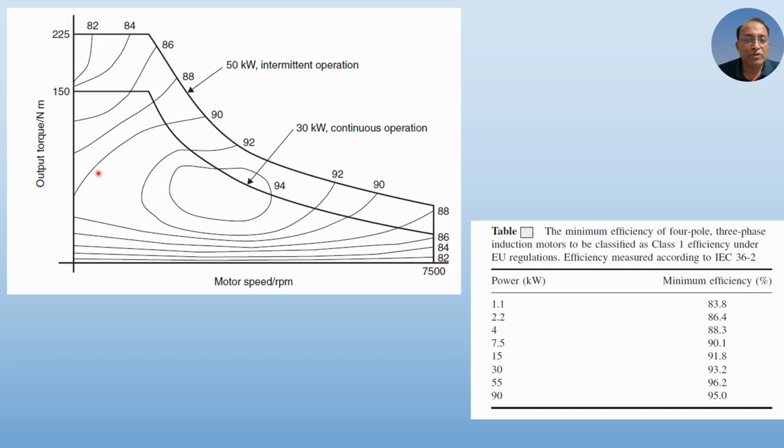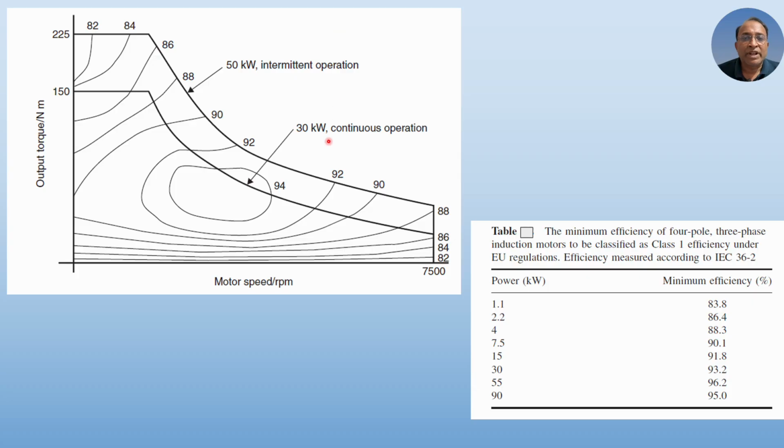For example, this contour is for 94%. If we increase the operating area, then it becomes 92% efficiency in this range. If we further increase the operating area, moving away from this, it's 90, then 88, like this. So for both the continuous operation as well as the intermittent operation, the efficiency of the motor is also shown here.